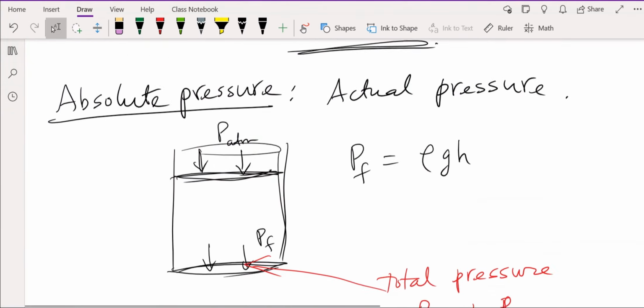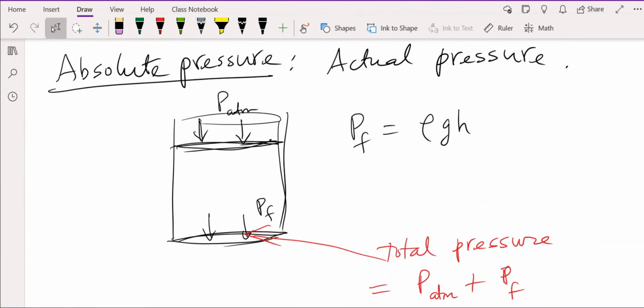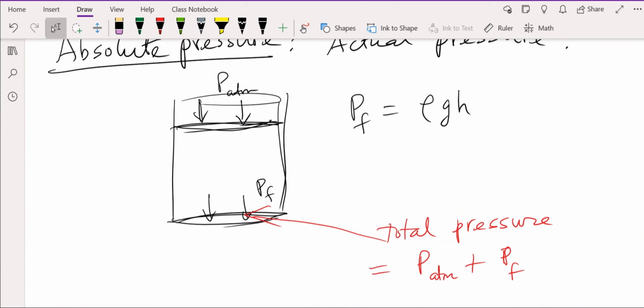Okay. So absolute pressure is a term that is used to say actual pressure. What is the real pressure? That's called absolute pressure. And that absolute pressure is the overall pressure at the bottom. The fluid creates this much pressure, but atmosphere is pushing above the fluid as well.